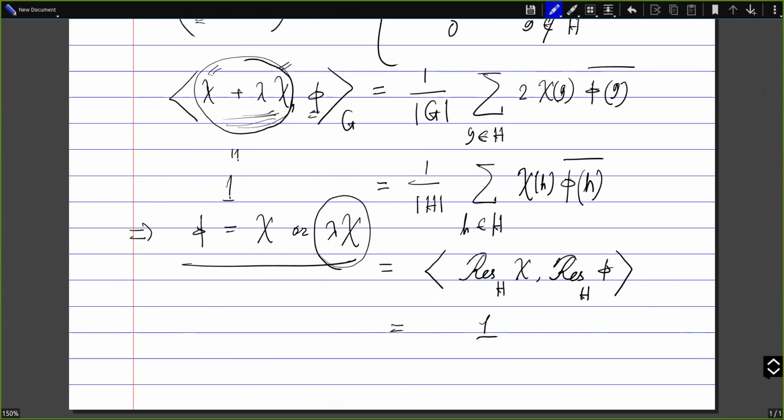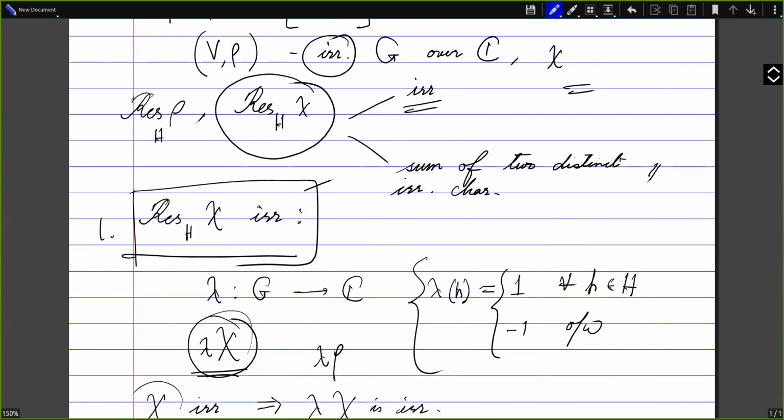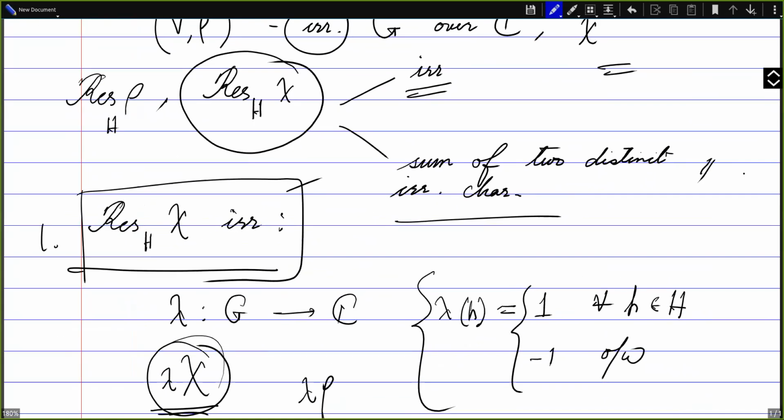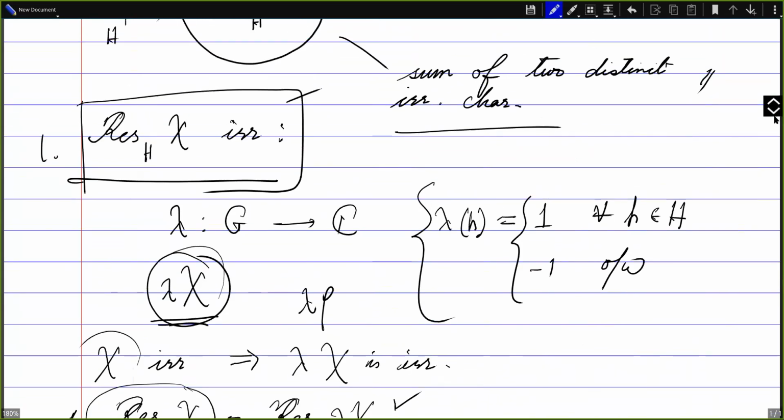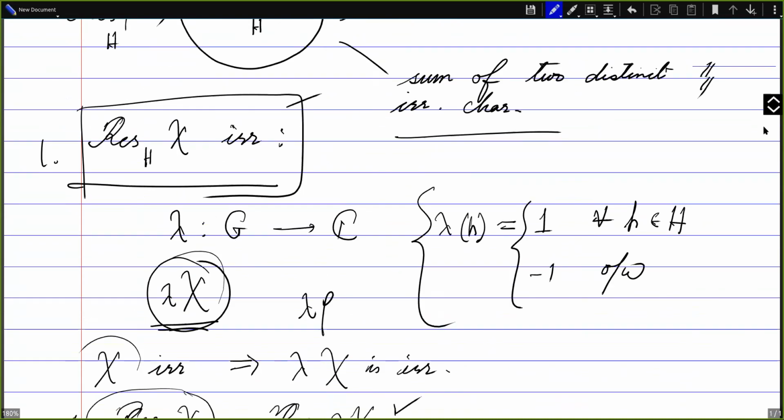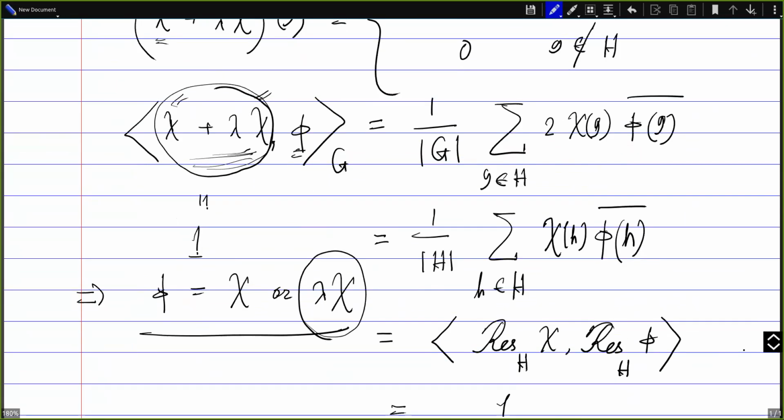Now let's go for the situation when this is the sum of two irreducible characters. We will shortly see why it is very important to have this, that apart from chi or lambda chi, nothing else coincides with the restriction of chi when it is restricted to H.